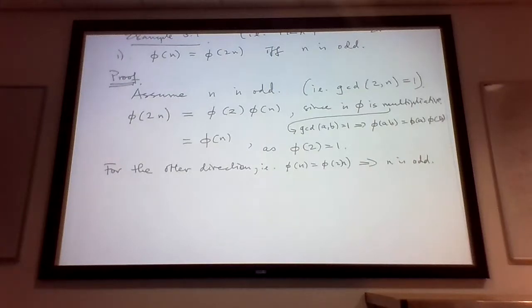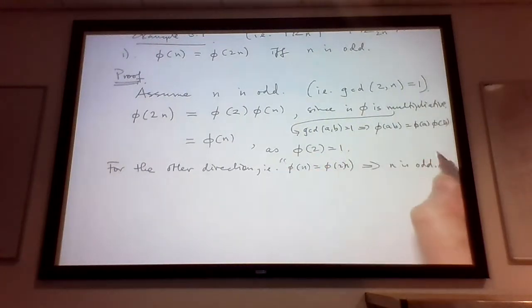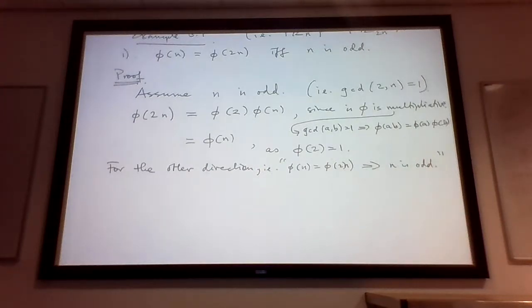Why n is odd? Well, no, I'm just saying that's the other direction. I'm not claiming I've proved that yet. This is the other direction. This is what we now want to prove.